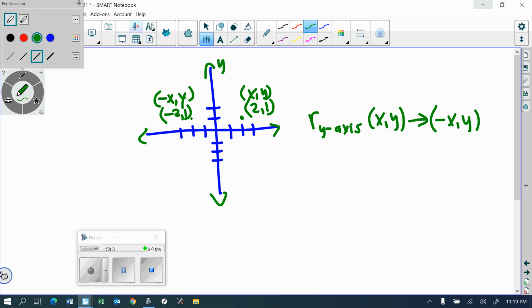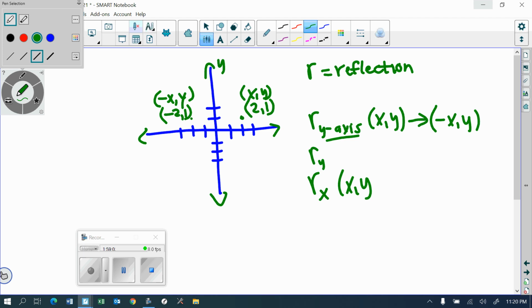Little r stands for reflection, and this subscript tells me what it's being reflected over. So the y-axis. Sometimes they'll just write reflection of y. If it says y, that means the y-axis. They'll either write out y-axis or just y. Same thing. If I go over the x-axis, I'll just write it as x.